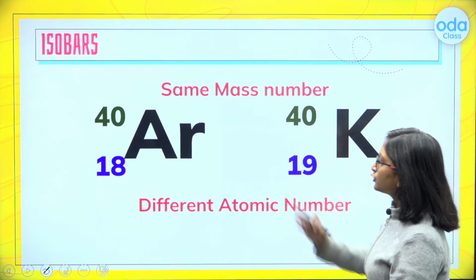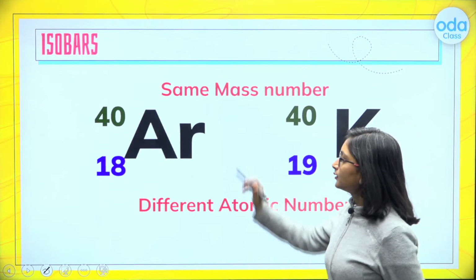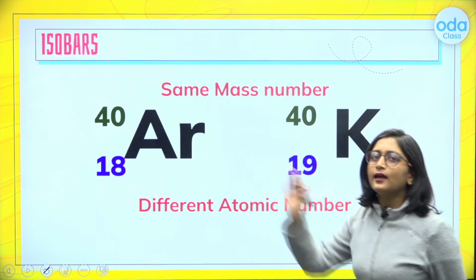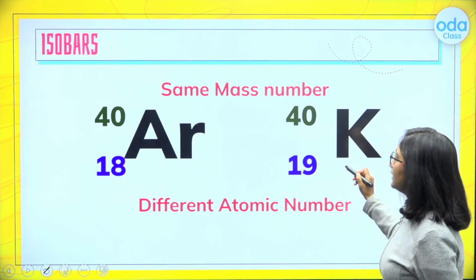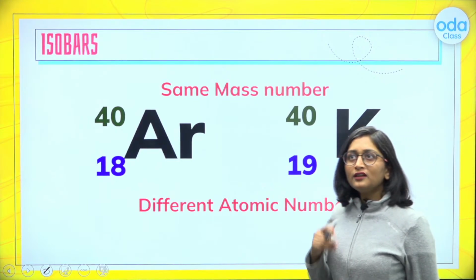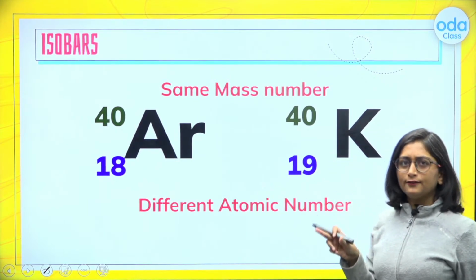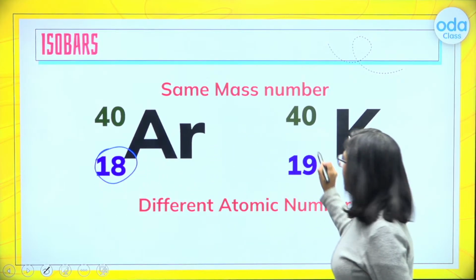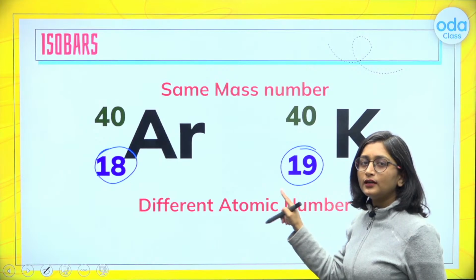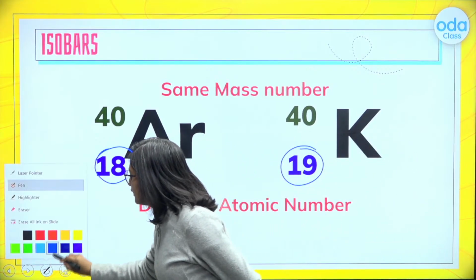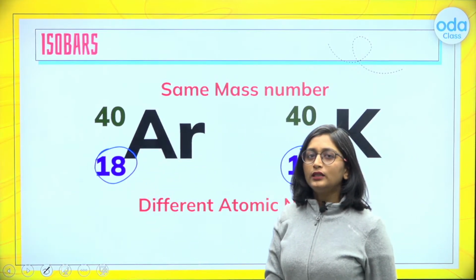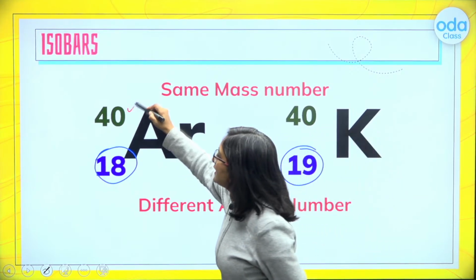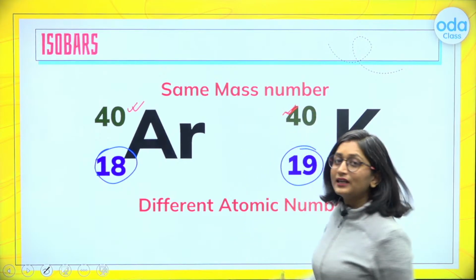So in the case of the isobar, the mass number would be the same. You can see here that the atomic number and the chemical element are both different. Here there is argon, and here there is potassium. So both are different, with atomic numbers 18 and 19. But what about the mass number? We have the same mass number. Agree?